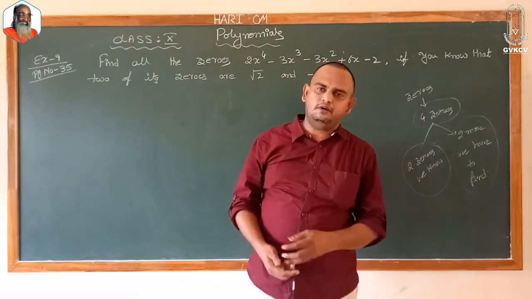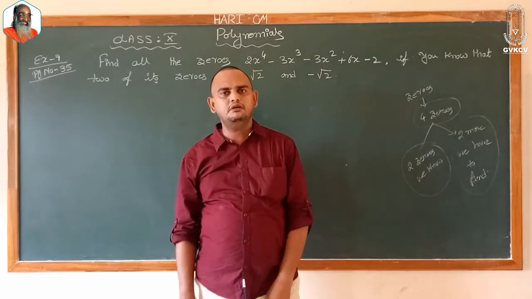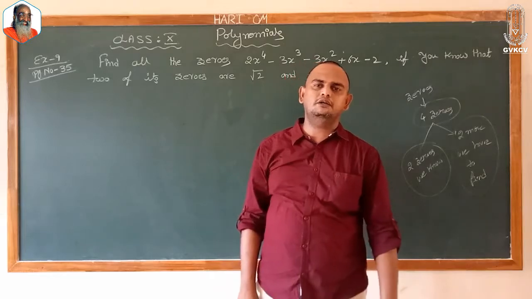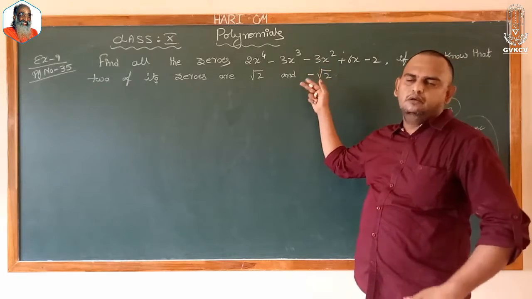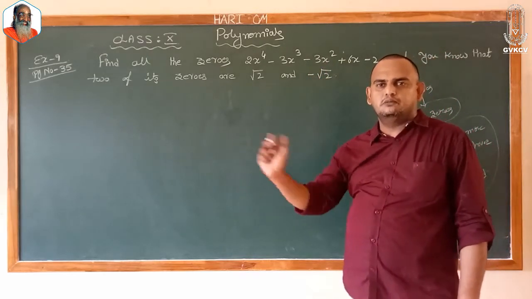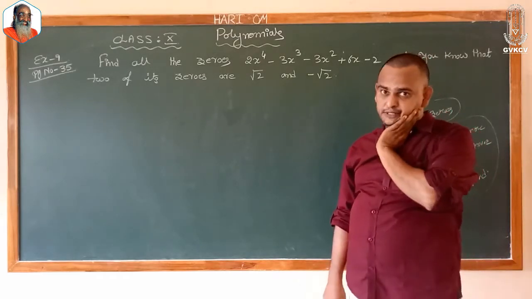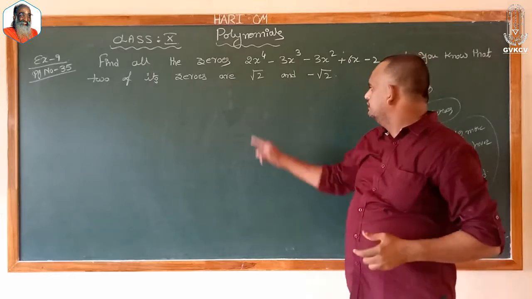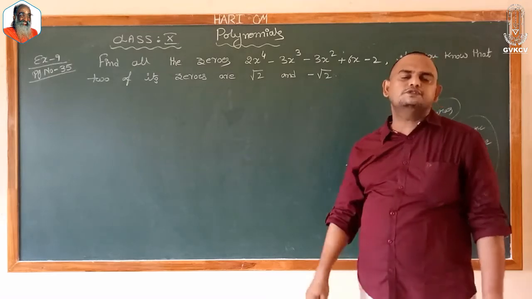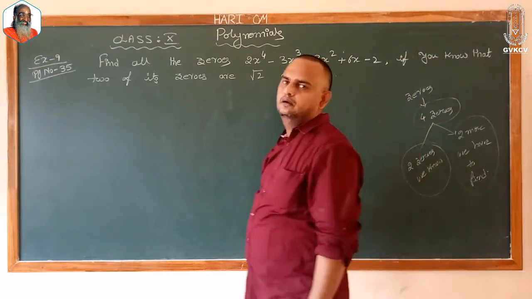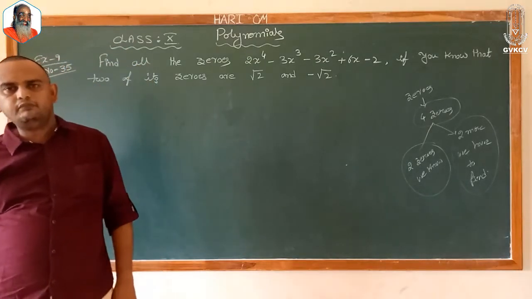Here we can go for 2 methods. One is using the factor theorem. What is the factor theorem? We can substitute one value of x in the given polynomial. Where we get 0, that is nothing but a zero of the polynomial, as we know the concept. That is one method. The other method is using the given 2 zeros, then we can find the other 2 zeros by applying division.